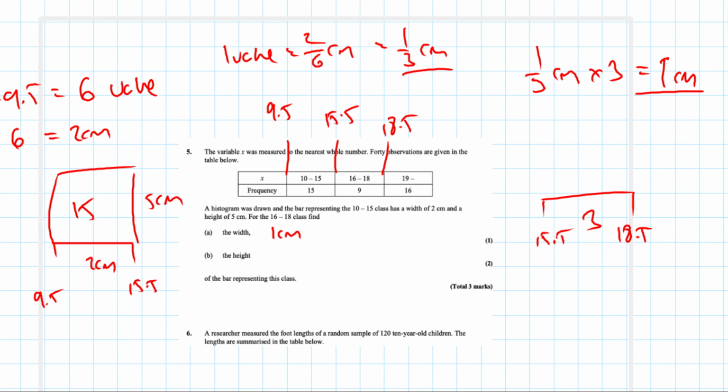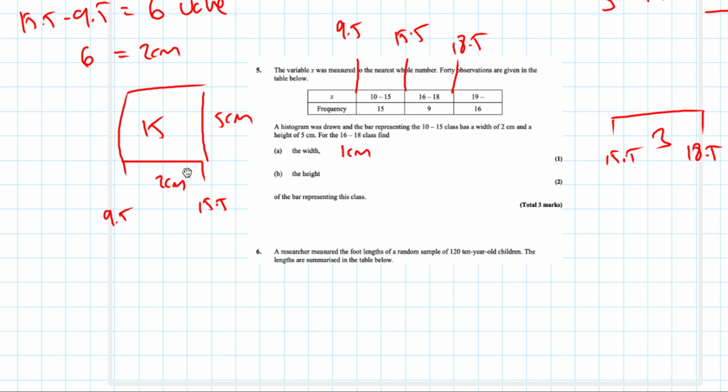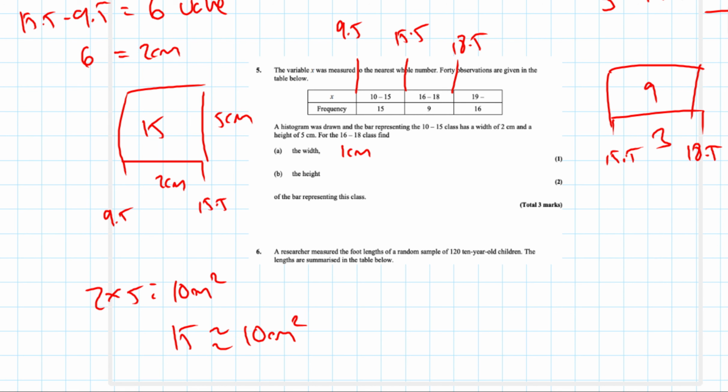Then we want to find the height. So we know that this has a frequency of 9, and we know from question 1 that if we find the area, the area is equal to the frequency essentially. So 2 times 5 is equal to 10 centimeters squared. So 15 is equivalent to 10 centimeters squared.